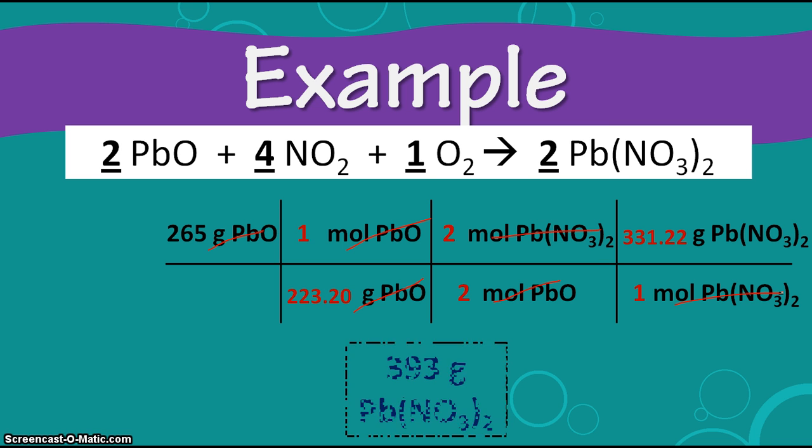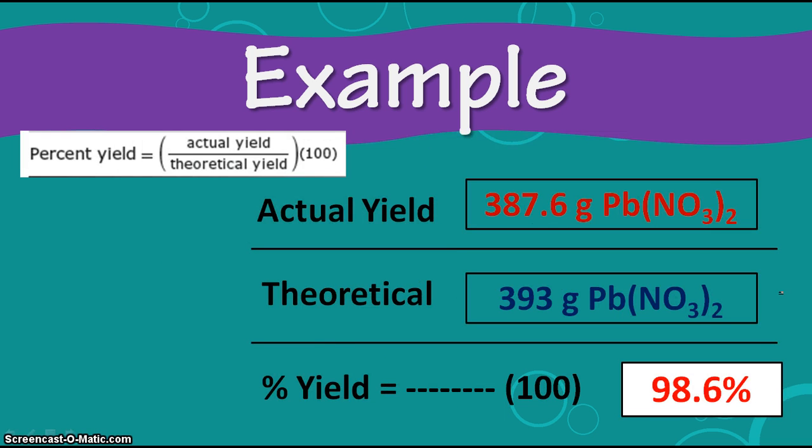Calculating the math, we've seen this before, 393 grams of lead-2 nitrate theoretically should have been produced had everything in the laboratory worked out perfectly, had all reactant completely undergone this chemical change and produced all the lead nitrate that's possible.